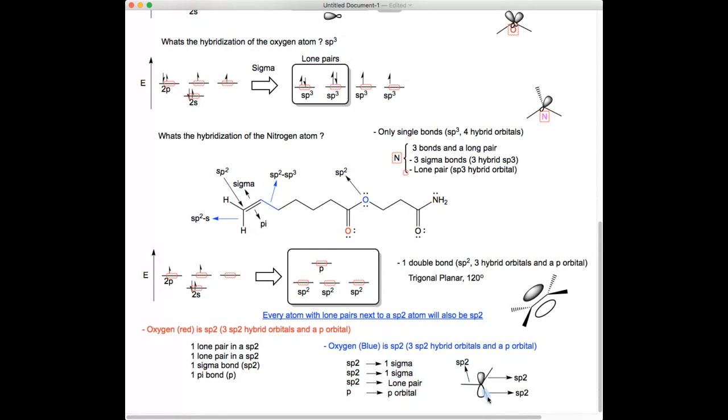The second sp2 is for another sigma bond. The third sp2 is going to be for a lone pair. So for you guys to see that better, I'm going to draw a lone pair here, and I'm going to color code the lone pair. Okay. So what is the angle in between the p orbital and the lone pair?